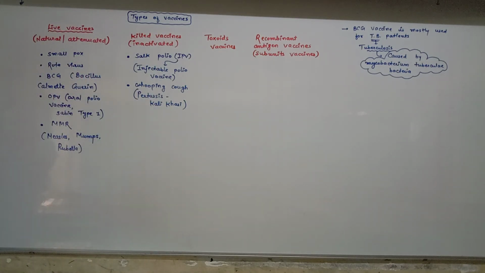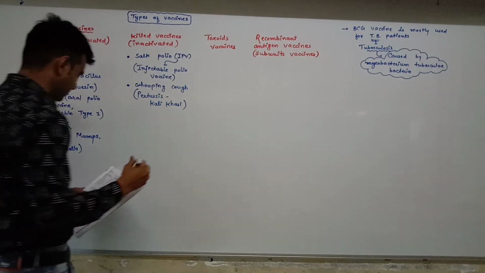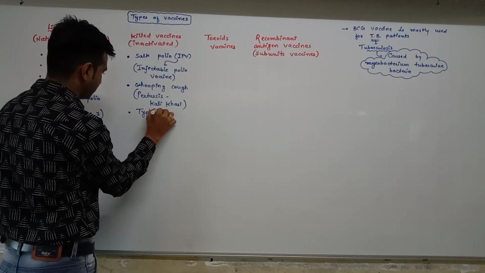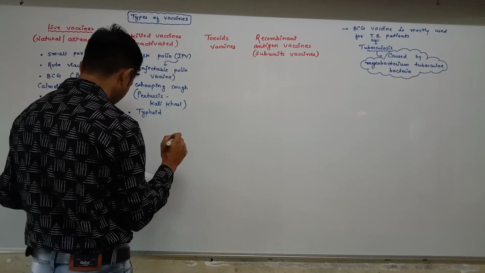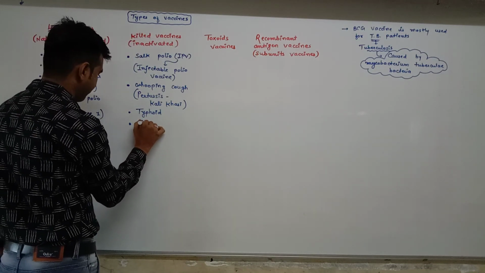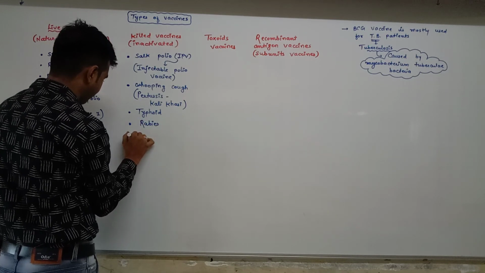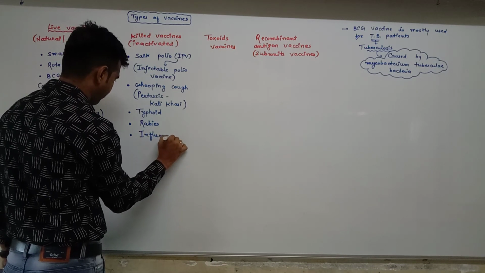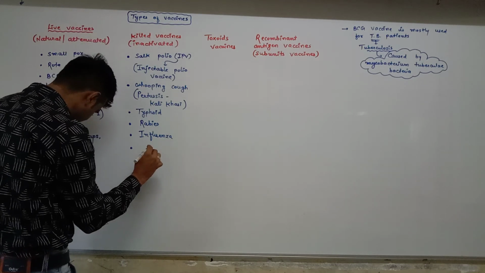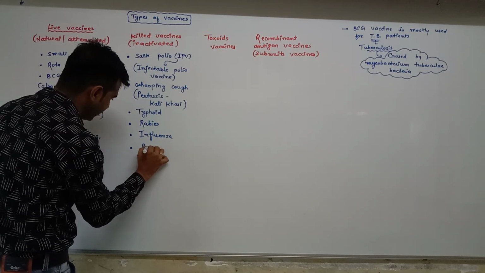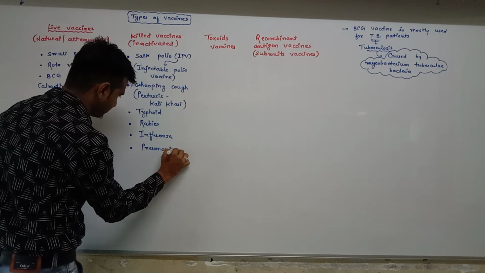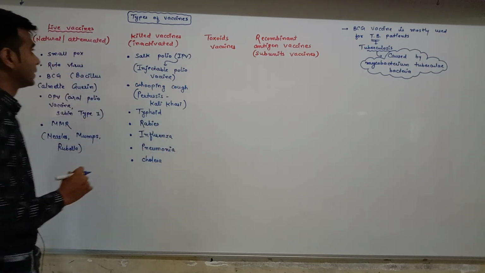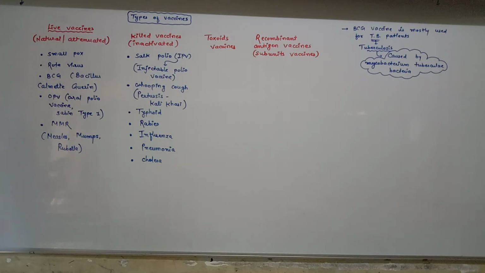Whooping cough, pertussis, known as kali khasi, typhoid, rabies, influenza, pneumonia, and cholera. These all are killed vaccines or inactivated vaccines.